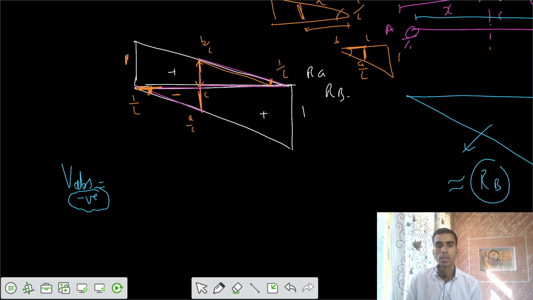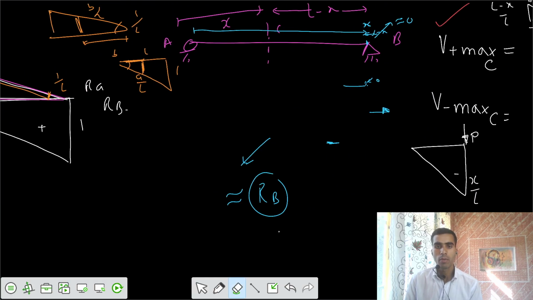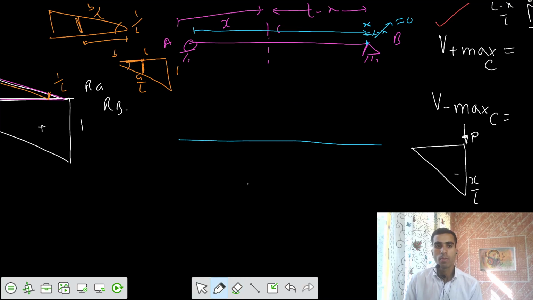Do you got it? Similarly, if you try to make the positive shear force diagram, but you want to calculate the maximum absolute value, I would say if the value of X is almost equal to 0, then I know how that shear force diagram variation looks like.